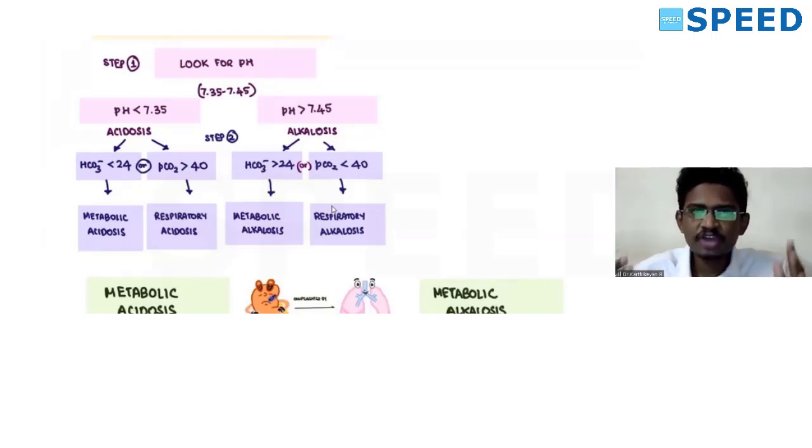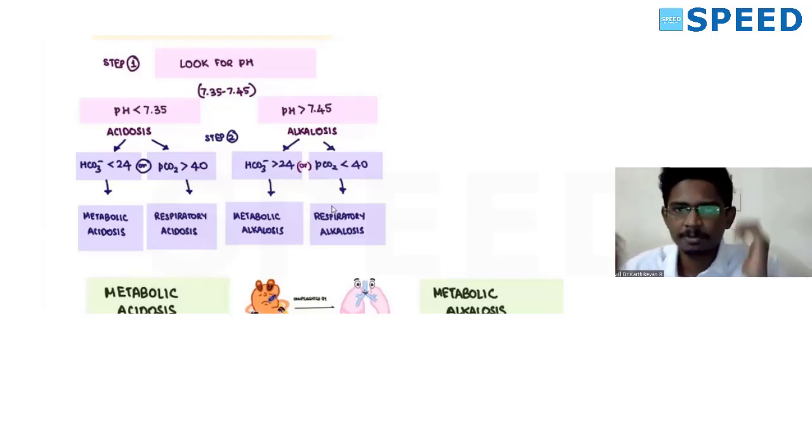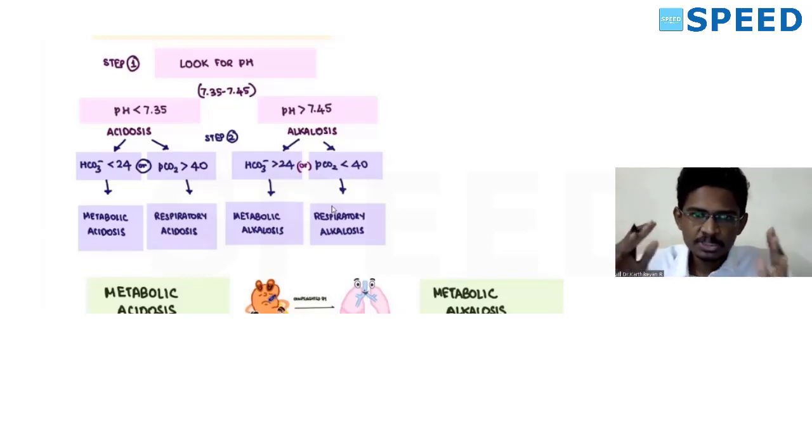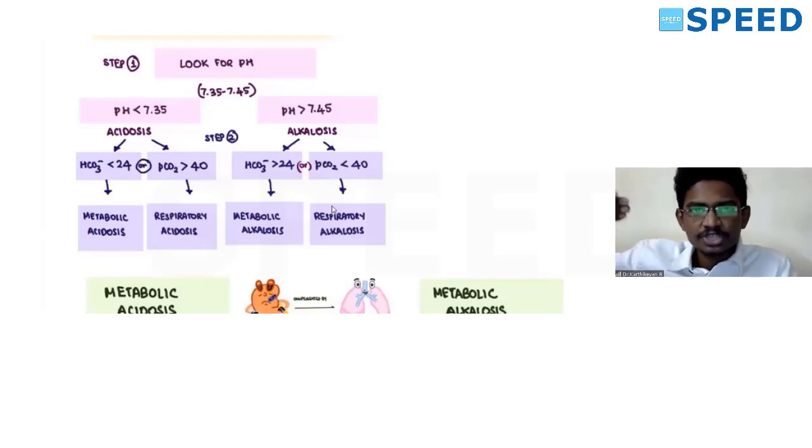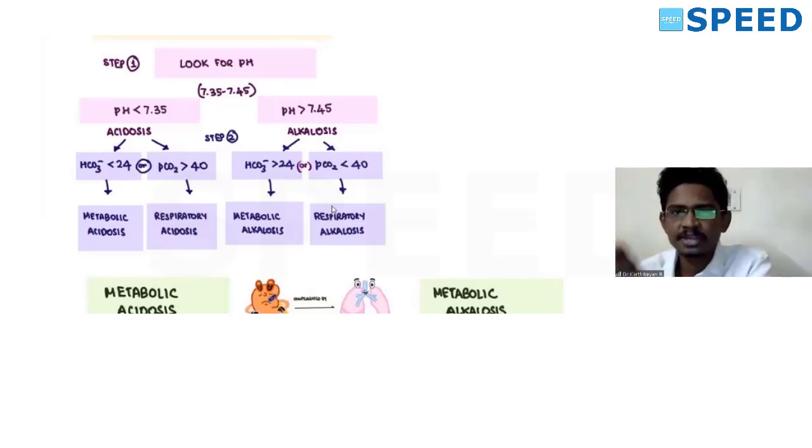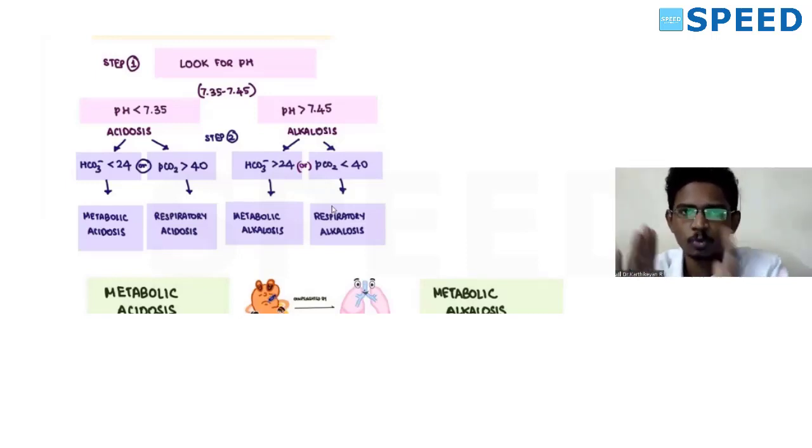If the partial pressure of carbon dioxide is increased, carbon dioxide can't be washed out of the lungs, mostly due to some respiratory pathology. So respiratory acidosis happens if PCO2 is more than 40, as carbon dioxide accumulates. PCO2 more than 40 is respiratory acidosis; bicarb less than 24 is metabolic acidosis.